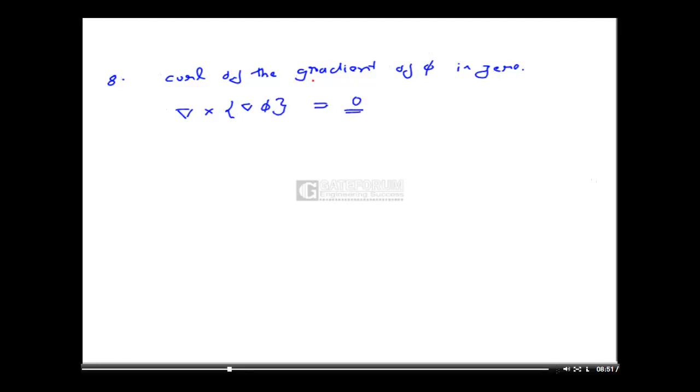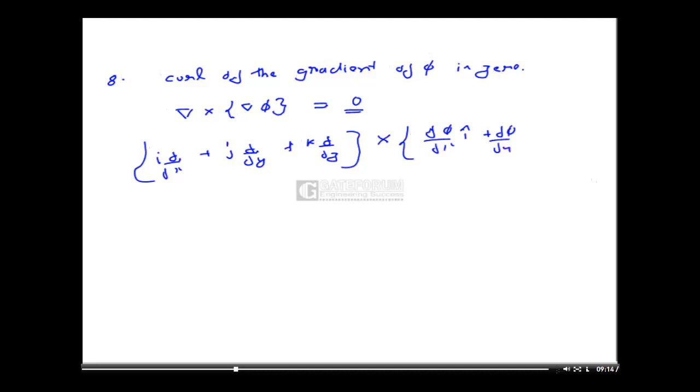Okay, how to prove this? Just write the basic steps: i del by del x plus j del by del y plus k del by del z, cross product with del phi by del x i plus del phi by del y j plus del phi by del z k.